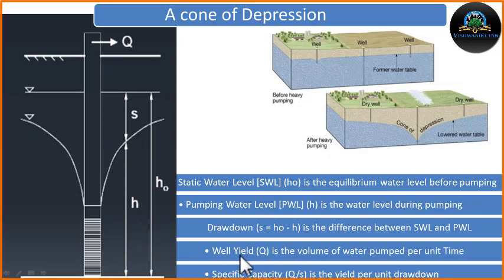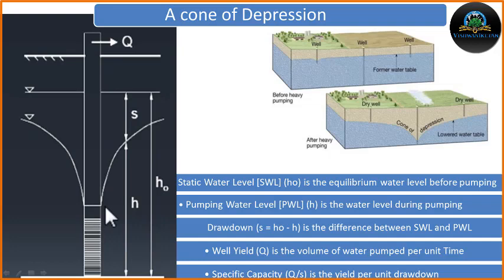Well yield is the volume of water pumped per unit time and specific capacity is the yield per unit drawdown. The shape of this depression largely depends upon the type of rock and its porosity and permeability.